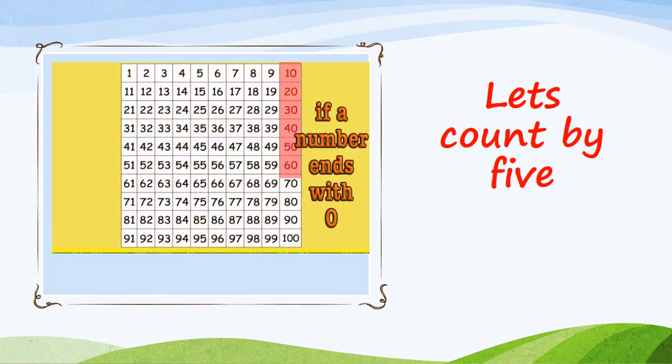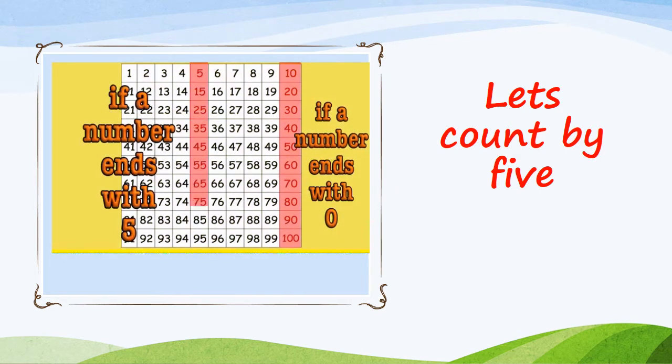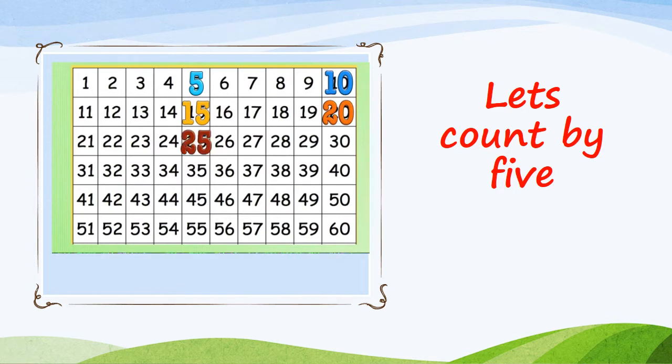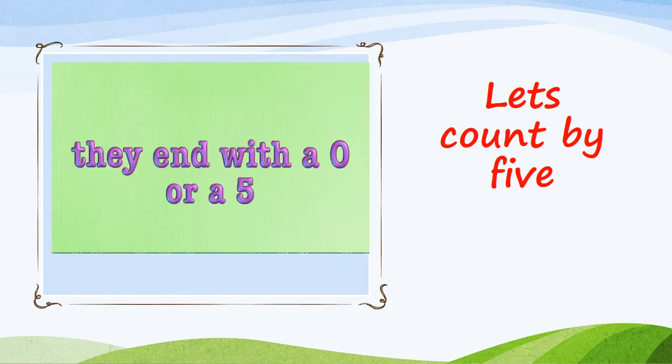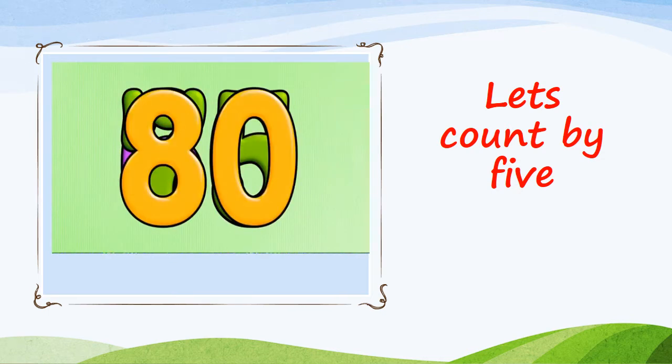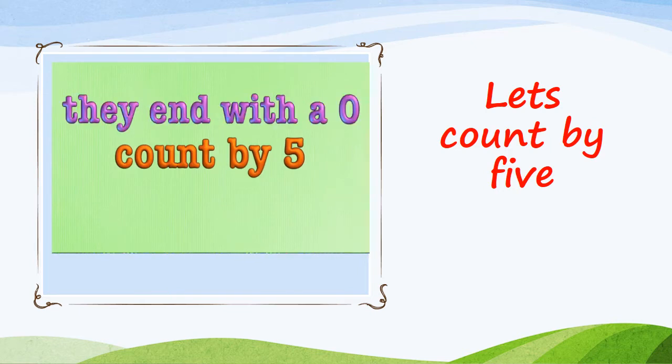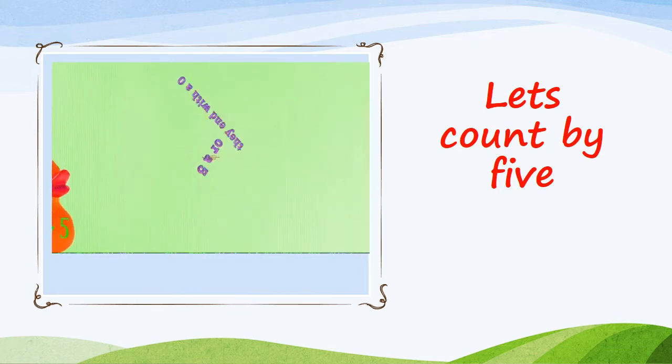If a number ends with 0, if a number ends with 5, then you have to say that number when you count by 5. 5, 10, 15, 20, 25, 30, 35, 40, 45, 50, 55, 60. Then with a 0 or a 5. 65, 70, 75, 80, 85, 90, 95, 100. When you skip, count by 5. Then with a 0 or a 5.